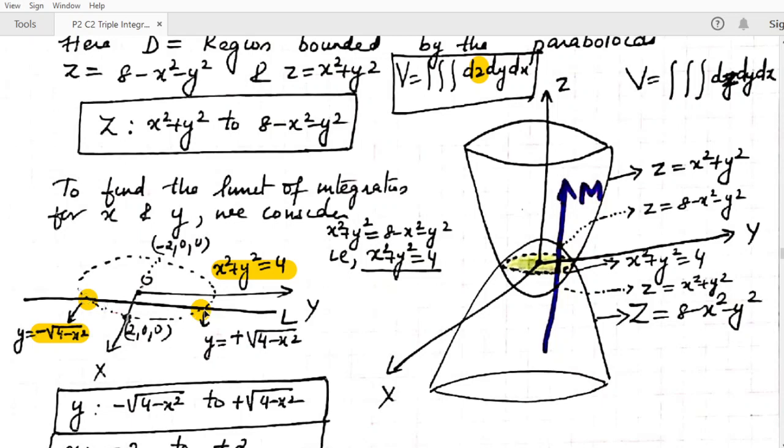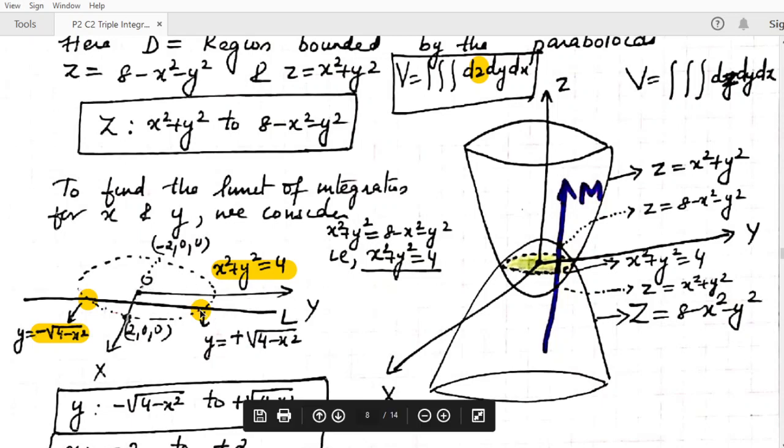And now we have to see what is the value of y here. Again we know that this is a point on our circle x square plus y square equal to 4. From this equation the value of y is plus or minus root of 4 minus x square. Here it is the positive y-axis, so the value of y in this particular region is positive.